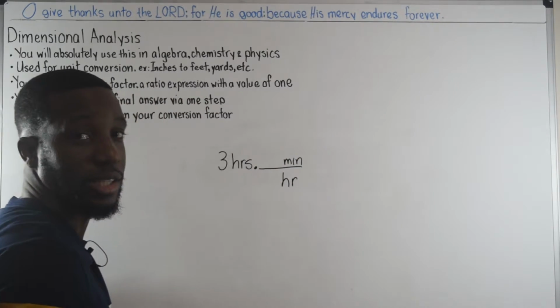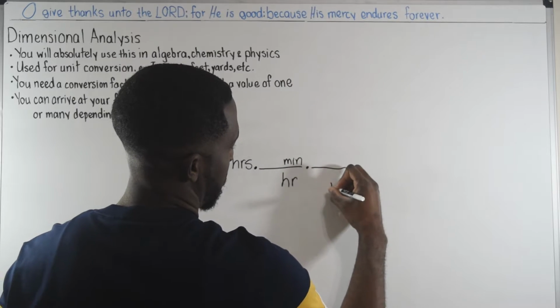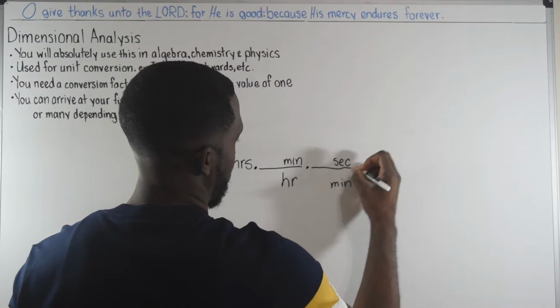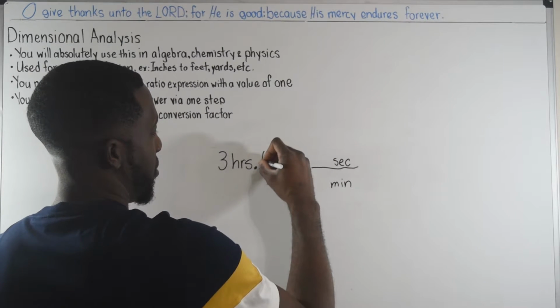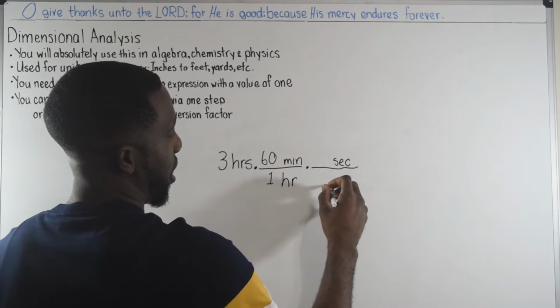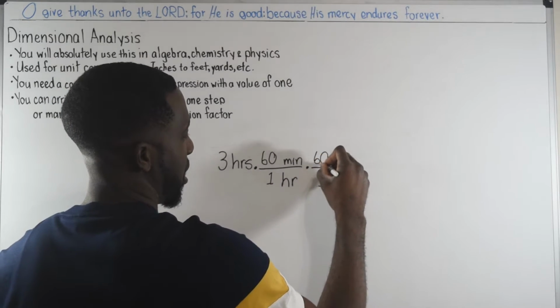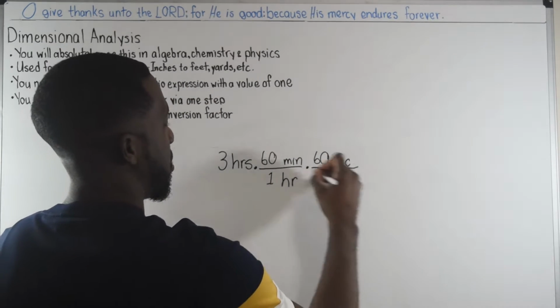But I need seconds, so I gotta go again. So I have minutes, and I have seconds. Okay, now we're playing ball. So in 1 hour, I have 60 minutes, and in 1 minute, I have 60 seconds. Okay, so now I can cancel out my units.